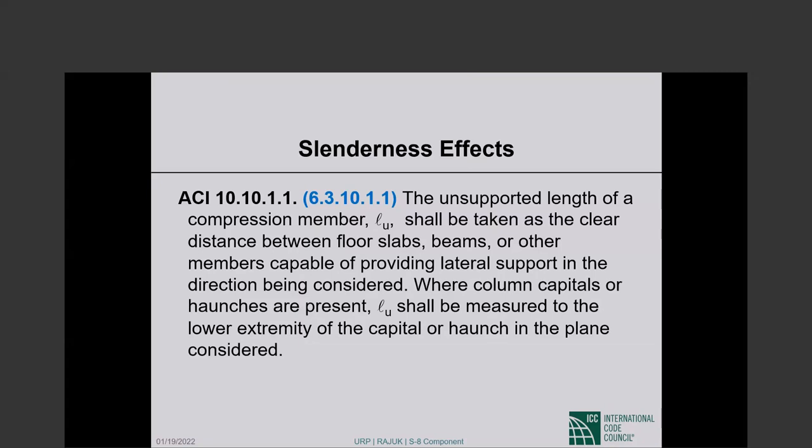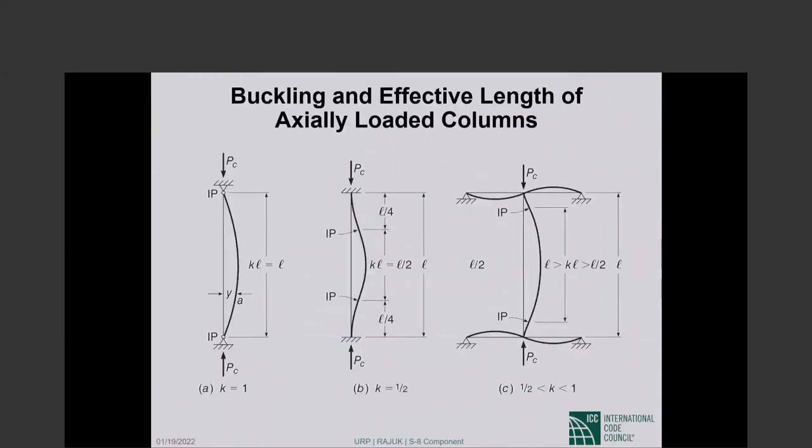So it doesn't have to be just slab or beam, any member that provides lateral support. Where column capitals or haunches are present, a column capital or haunch being a flared column top, L sub u shall be measured to the lower extremity of the capital or haunch in the plane considered. So, lower extremity of the capital.